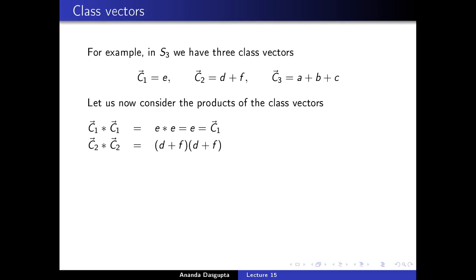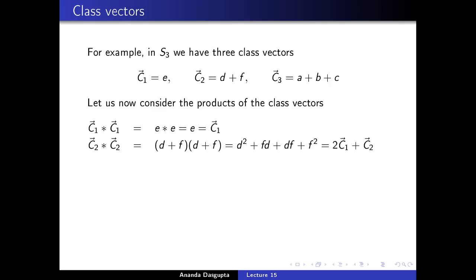So this breaks up into four pieces: d square plus fd plus df plus f square. Now of these, d square and f square are equal to f and d respectively. So the first and the last term in this sum sum up to C2 again. But fd and df, they are both identity. So what you get is twice the identity. So basically C2 vector times C2 vector is twice C1 vector plus C2 vector.